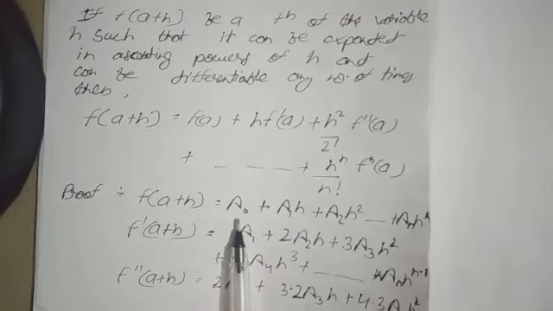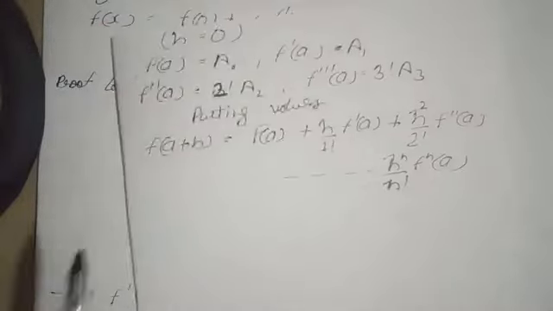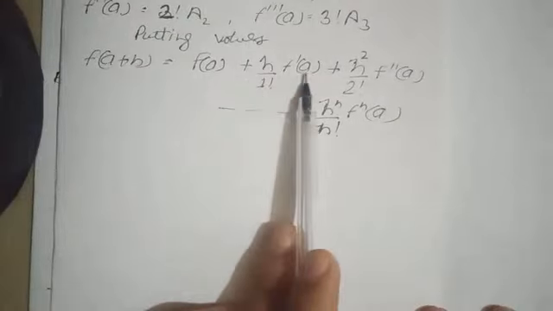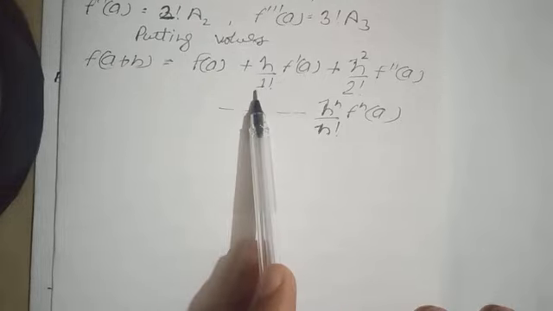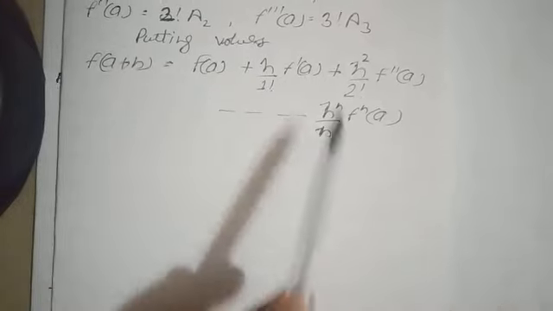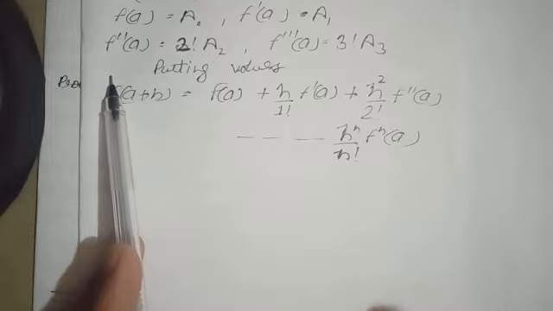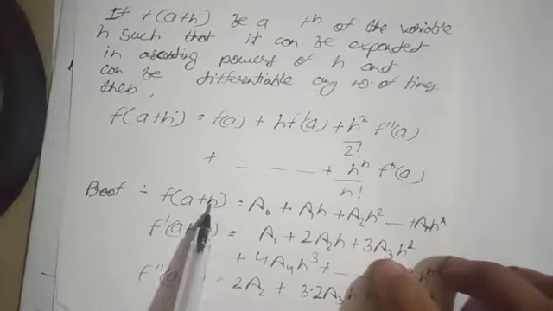The value of a0 is f(a); we put f(a). After that, a1 h: the value of a1 is f dash a, so we put f dash a, and 1 factorial is 1. After that, the value of a2 is f double dash a upon 2 factorial. We find all these values by putting h equal to 0.